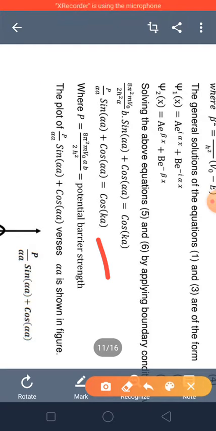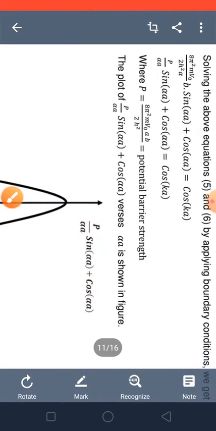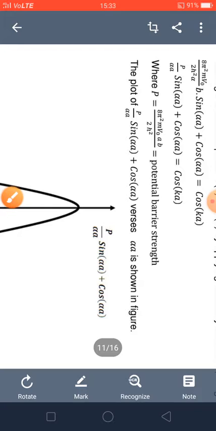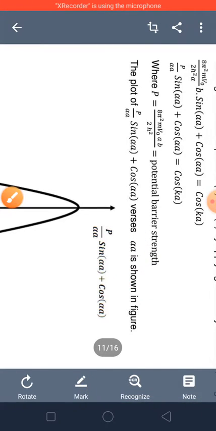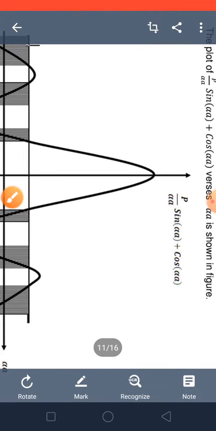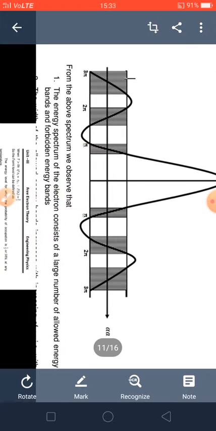And if we plot this result, that is a plot of P by alpha a into sin alpha a plus cos alpha a versus alpha a, we can plot it like this.